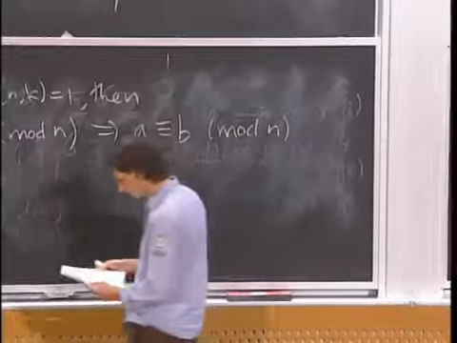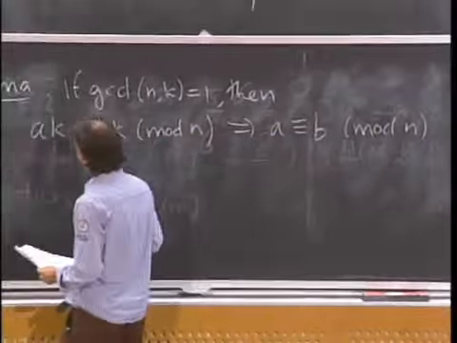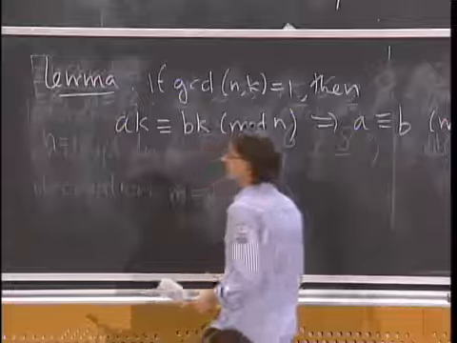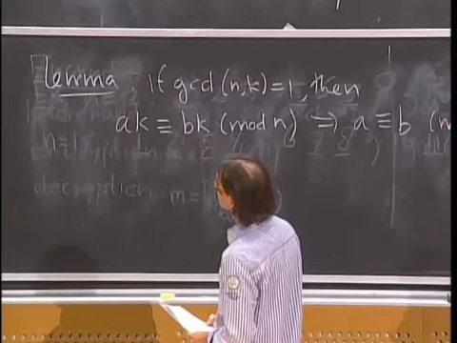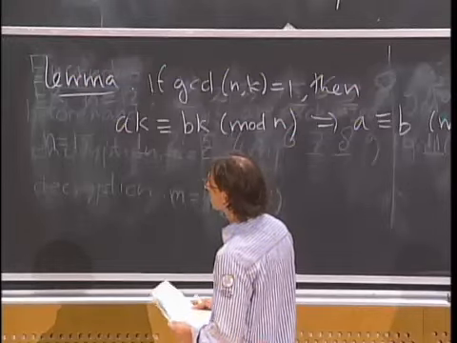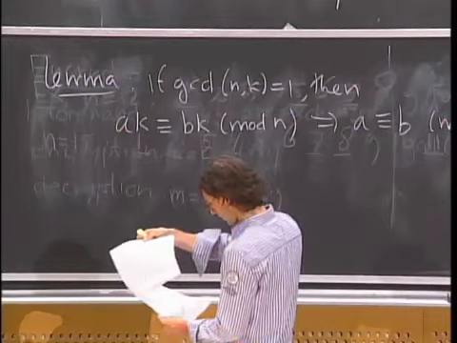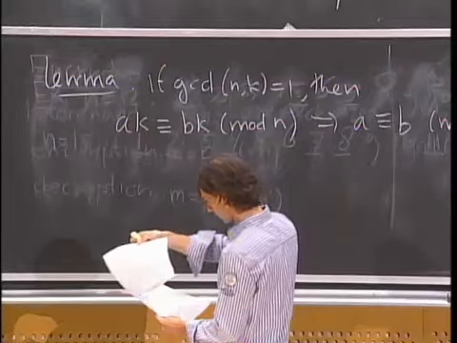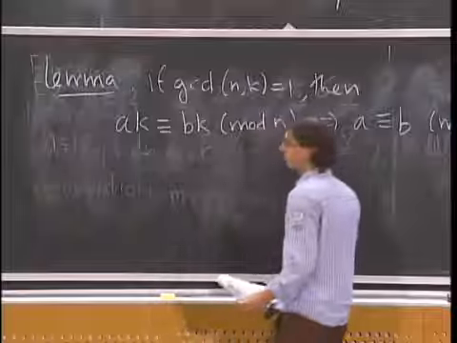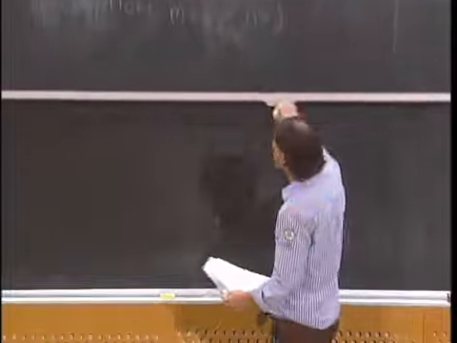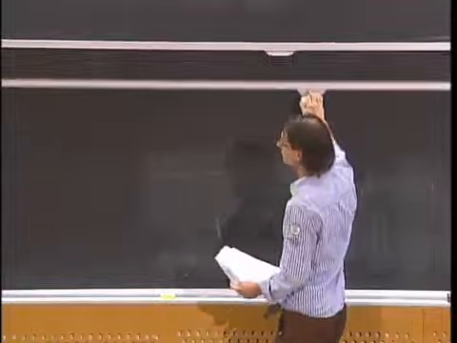Okay, so let me see what we have done here. Actually, I noticed that I've missed one statement that I would like to explicitly mention. I mean, I've used it a few times.